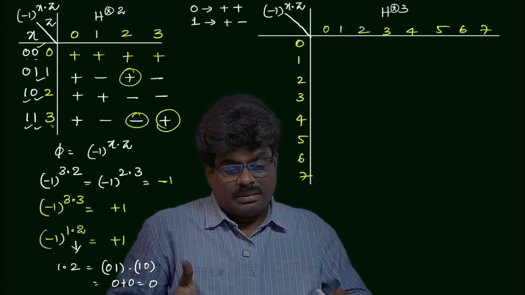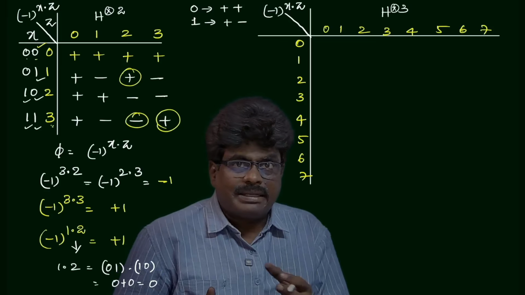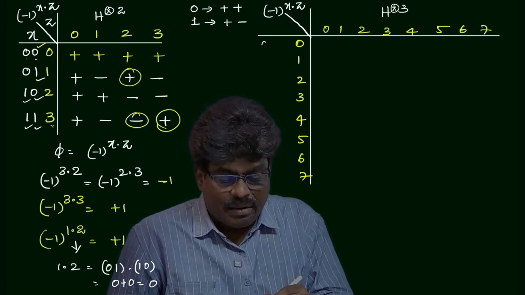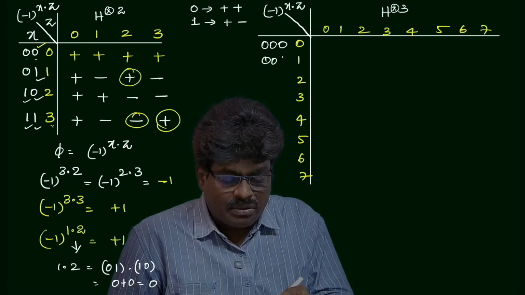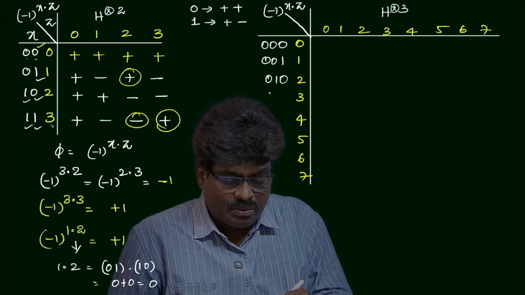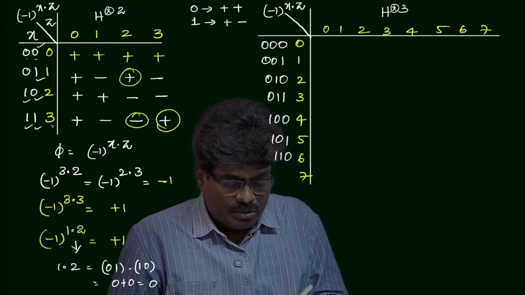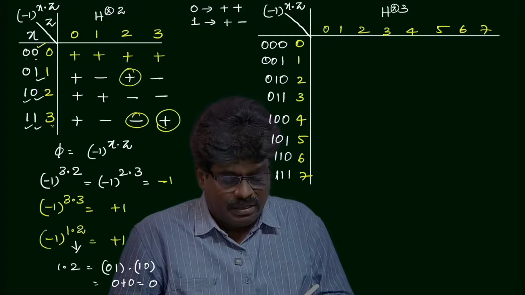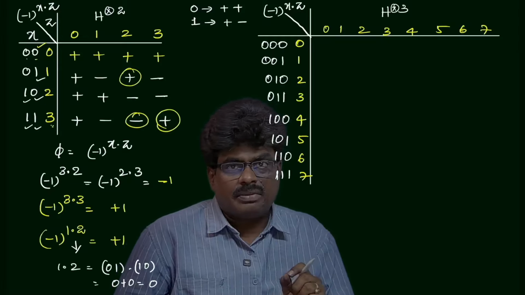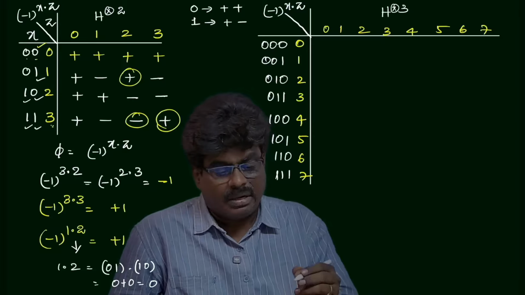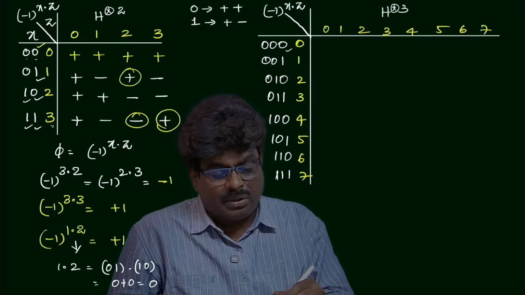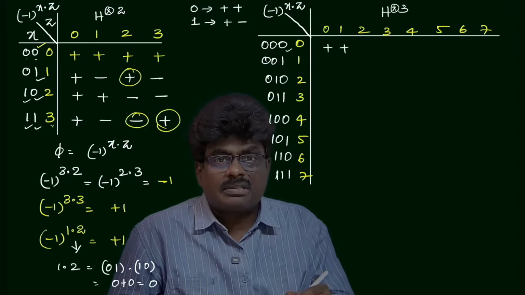Now if we are still not understanding, let us take 3 qubits. Here we have taken 000, 010. Let me write this. I feel it's very easy to understand the phase factors with this table. Okay, right. First here we have 0, so start with plus plus.